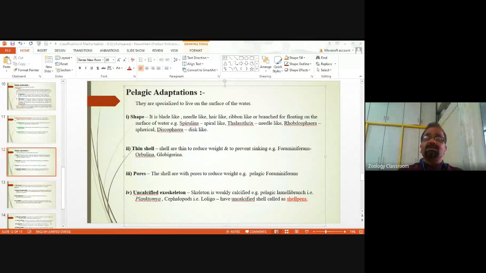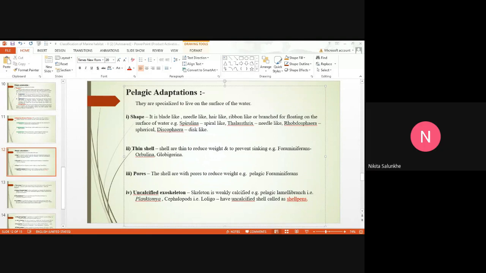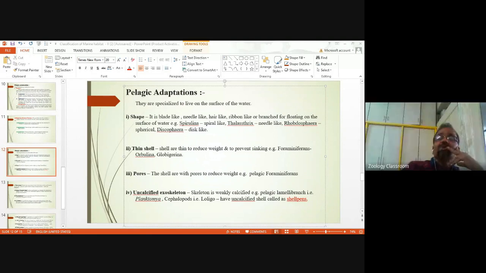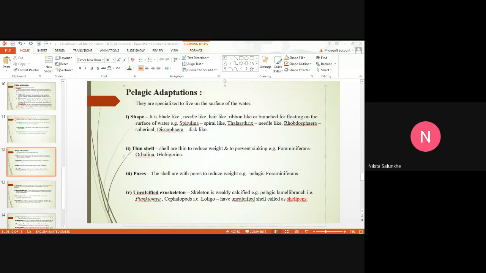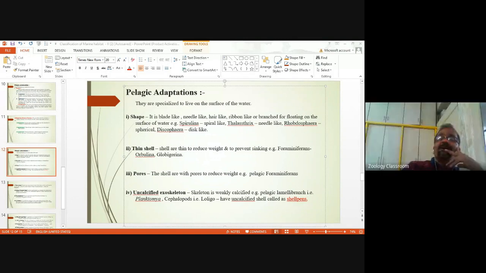Which are the organisms which contribute cephalopods? Crustaceans? No. Arthropod? No. Yes, come on, try. Cephalo. Yes, Mollusks. Mollusk. Yes, you are right. Very good. Mollusk is the right answer.